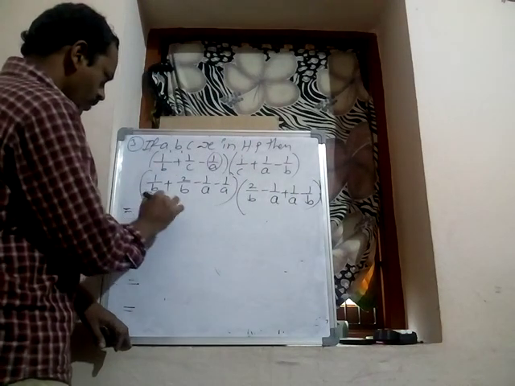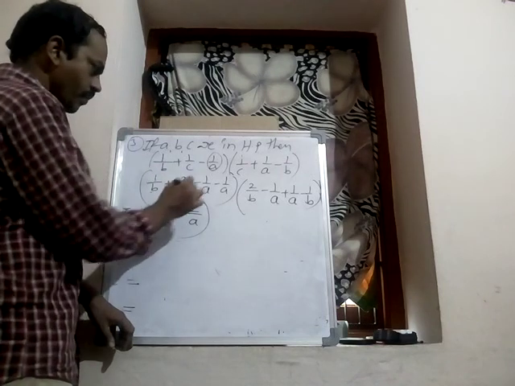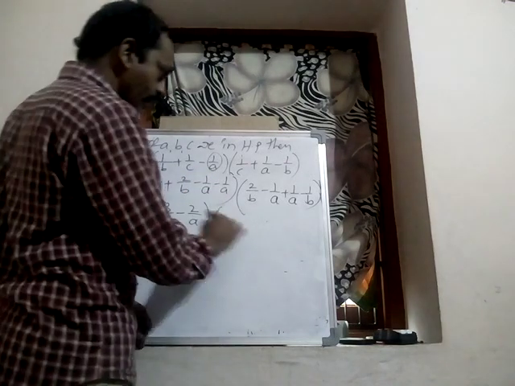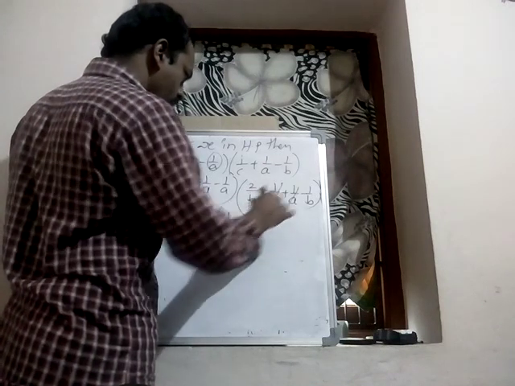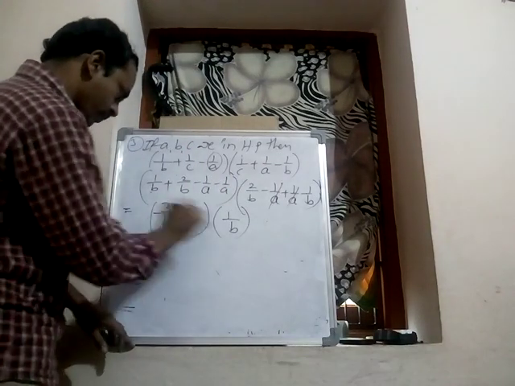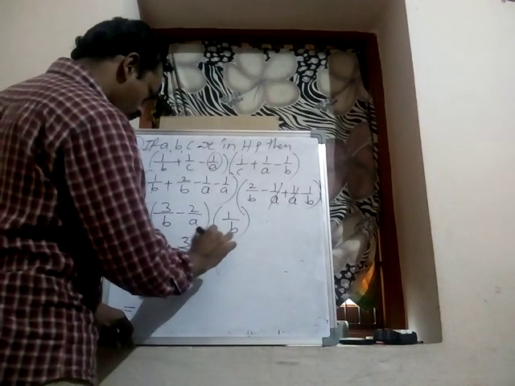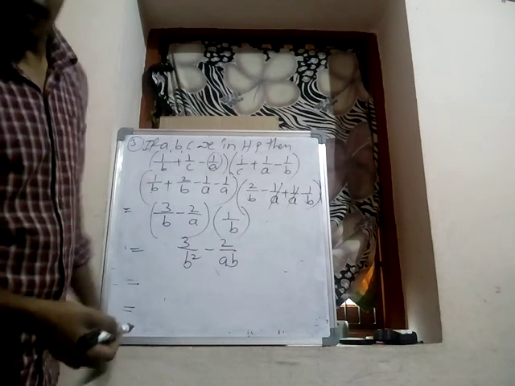So here 3/b - 2/a, and 2/b - 1/b is 1/b, and plus 1/a minus 1/a cancel. So here 3/b² - 2/ab. 3/b² - 2/ab. Okay, this is also correct.